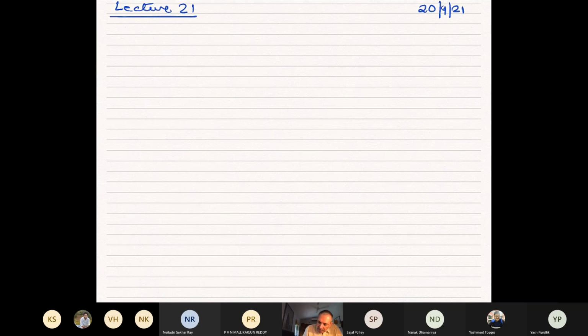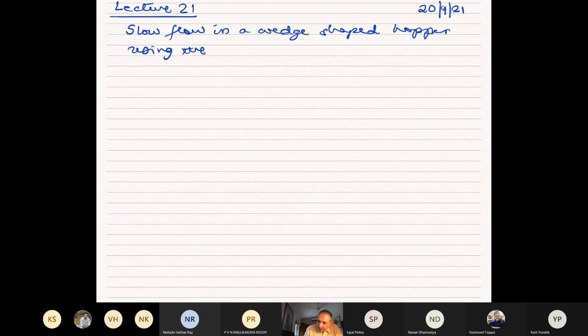So we want to do slow flow in a wedge-shaped hopper using the critical state theory.